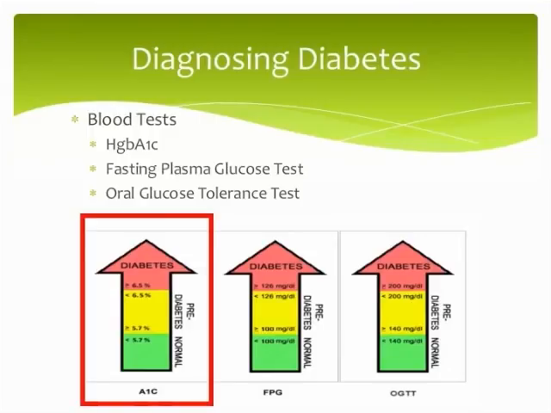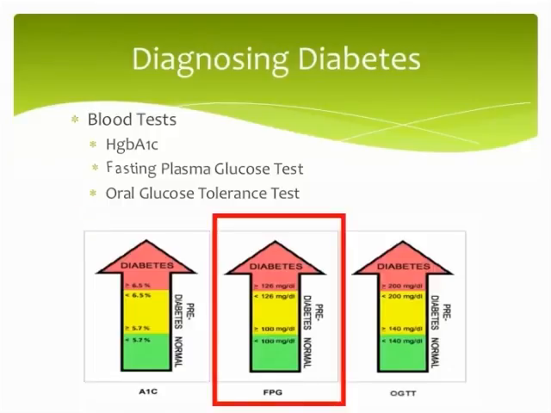The normal range is less than 5.7%. The diagnosis for diabetes will come at greater than 6.5%. If the blood sugar is between 5.7 and 6.5%, someone is termed as having prediabetes or is at an increased risk for developing type 2 diabetes. We will take a closer look at prediabetes in the next slide.